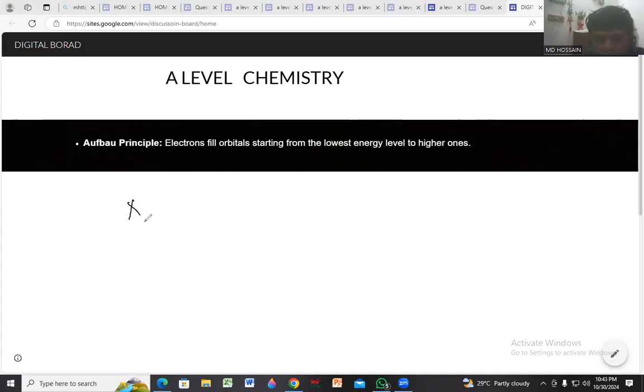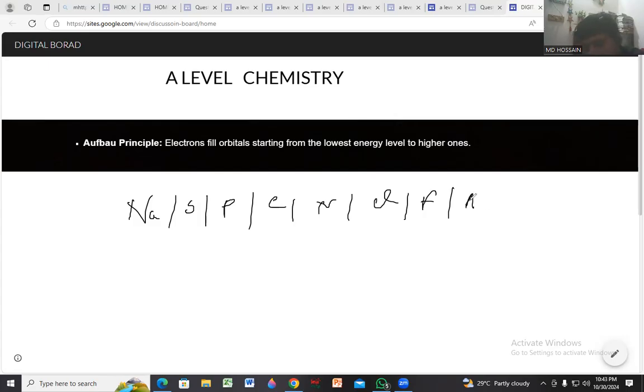The elements are sodium, then sulfur, then phosphorus, then carbon, then nitrogen, then chlorine, then fluorine, then argon, krypton, and then oxygen.